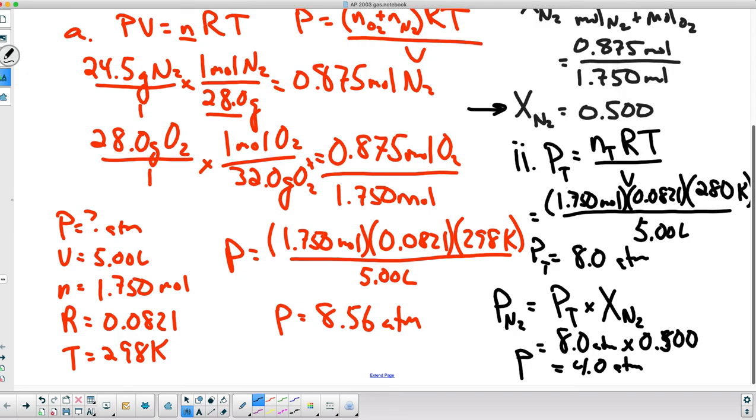And that's our pressure of N2. Okay, that's pretty good. I think I'm going to stop here, and we'll do AP problem 2003 Part C as the next part.